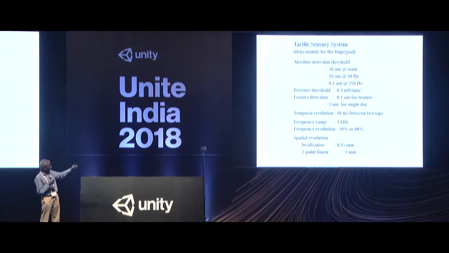Similarly, our skin merges vibration if the vibration is more than 1 kilohertz. If it is vibrating more than 1 kilohertz, we don't feel the vibration at all. That is one of the limitations. So this could be useful to design force feedback systems, haptic systems, right?